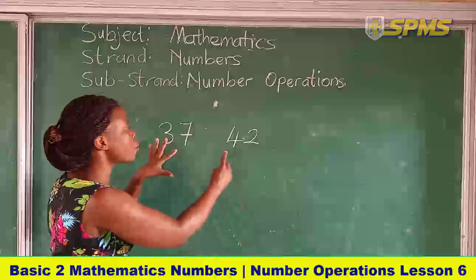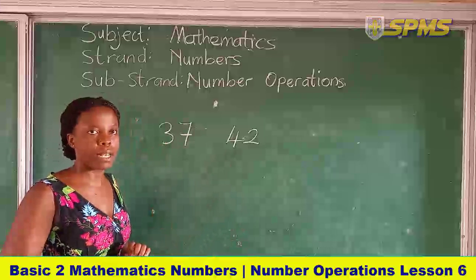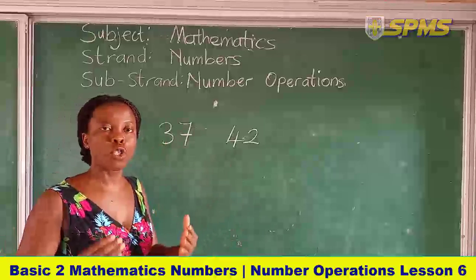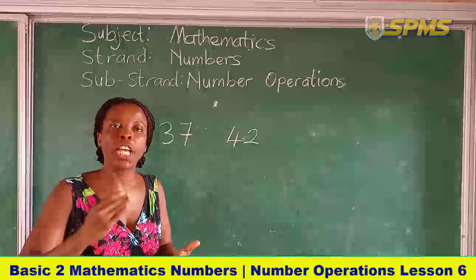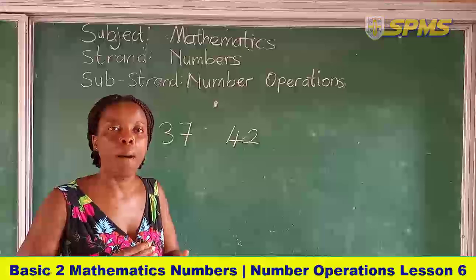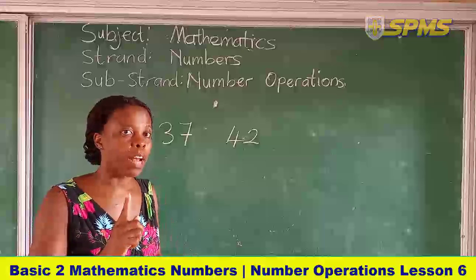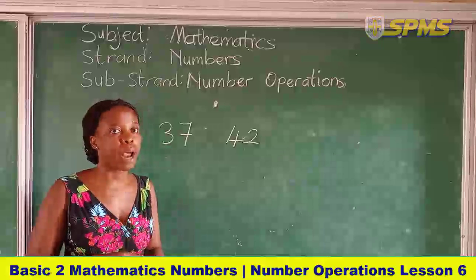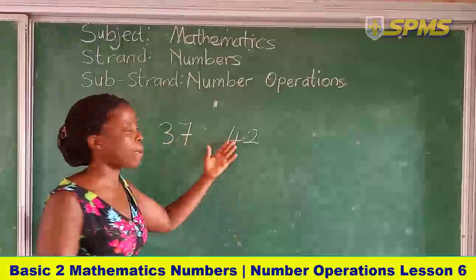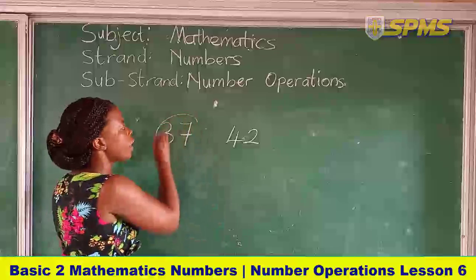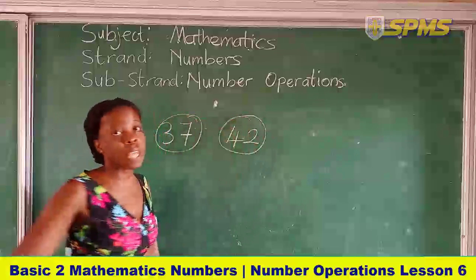Good. If you have 2-digit numbers like this, for you to be able to add quickly, you arrange them in a vertical manner. Remember the word vertical. We said anything that has been arranged from top to down. So that means those two numbers are also going to be arranged from top to down.